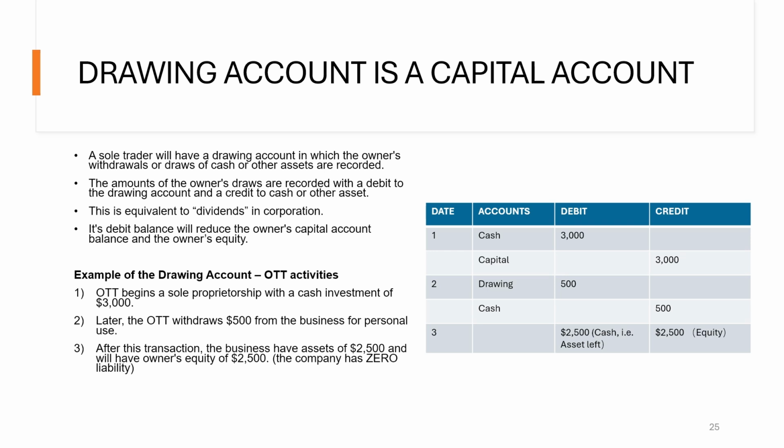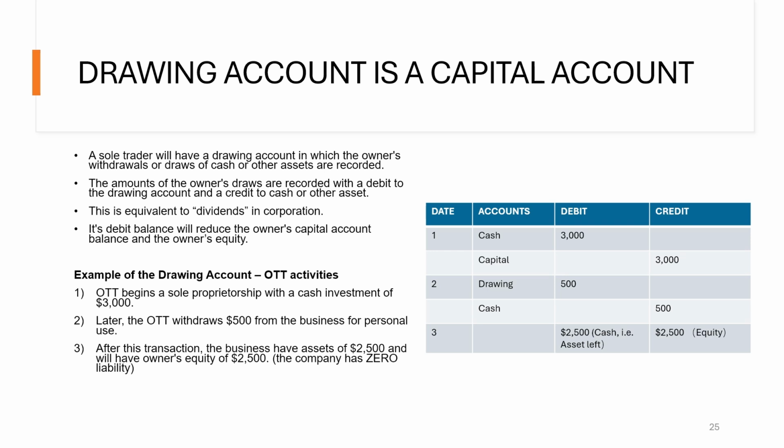The amount of the owner's draws is recorded with a debit to the drawing account and a credit to cash or another asset account. This is equivalent to dividends in a corporation, but they're different in terms of scale and operation. Its debit balance will reduce the owner's capital account balance and the owner's equity.